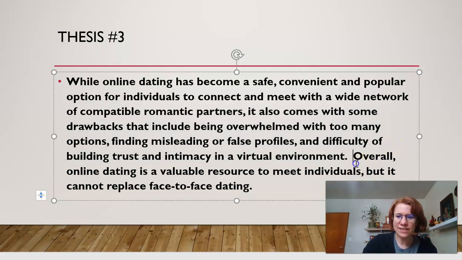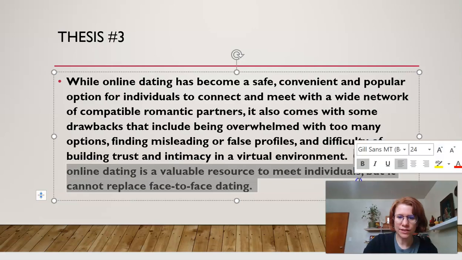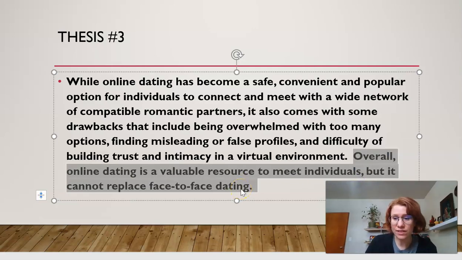And then this final statement here is basically your thesis. It's sort of what your take is on this issue. You've looked at the pros, you've looked at the cons. Now you have to assess where you stand in relation to those two sides of the argument. In this case, online dating is valuable to meet people, but it cannot replace face-to-face dating.